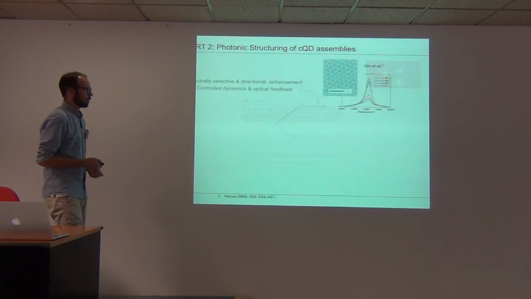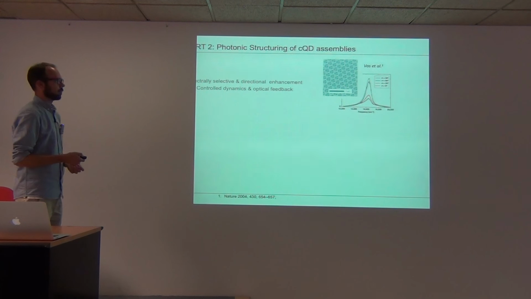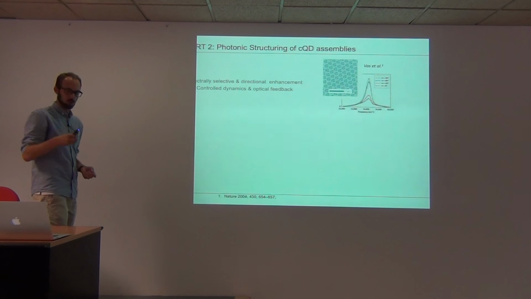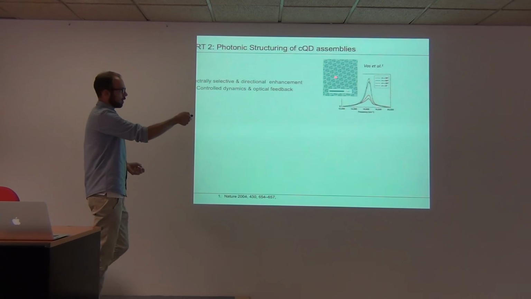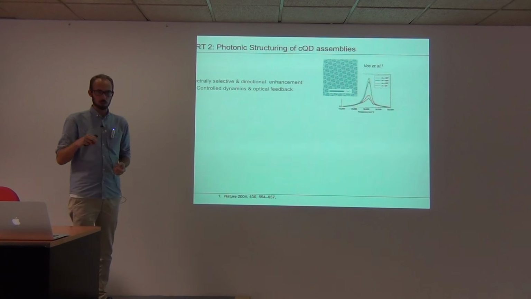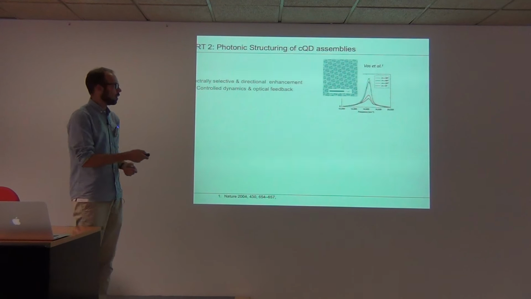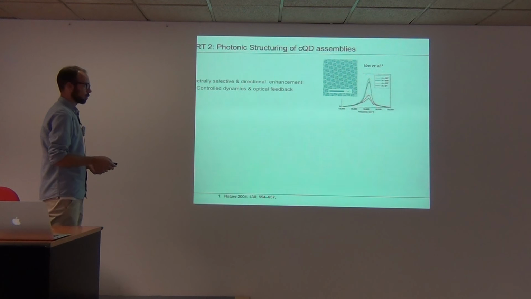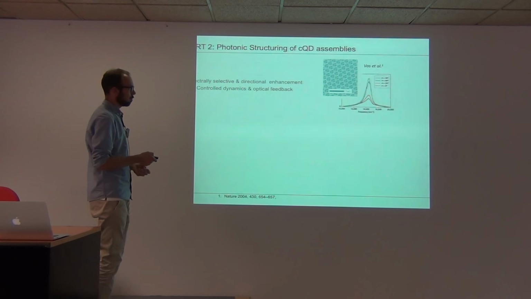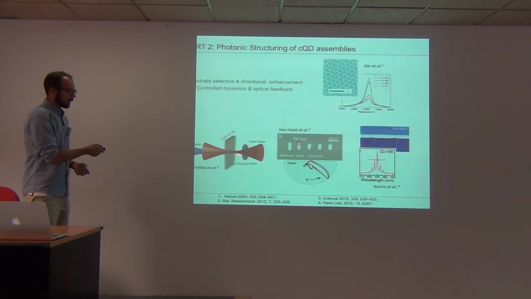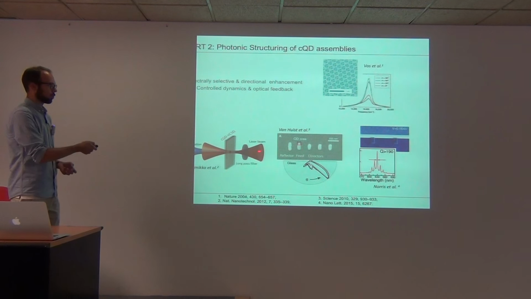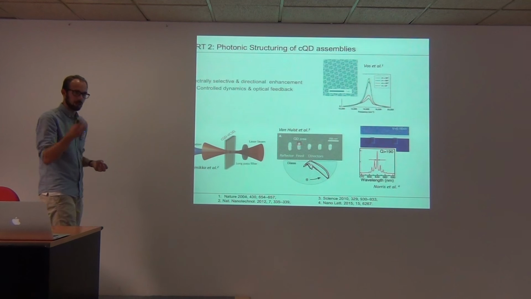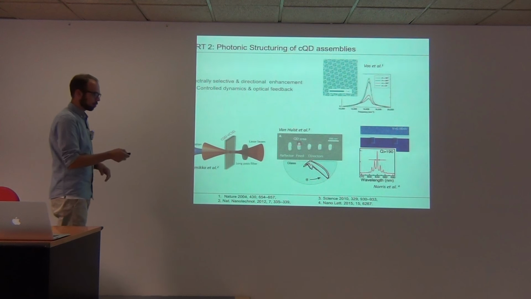There's a lot of work in this direction, like coupling quantum dots to photonic structures. In this early work, they place quantum dots in solution inside a photonic crystal, and you can control the emission dynamics of these systems very nicely. Cavities, of course, have been used to create optical feedback, again enhancing the optical properties.